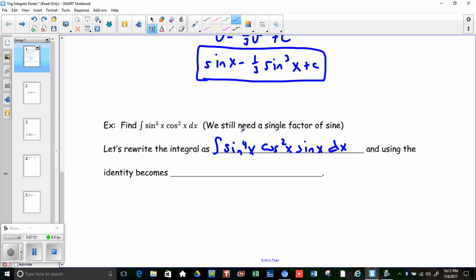And really all I did there was separate one of those sines off of the sine to the fifth to make it sine to the fourth times sine, which is still sine to the fifth. I did that because I'm going to need this extra sine out here.